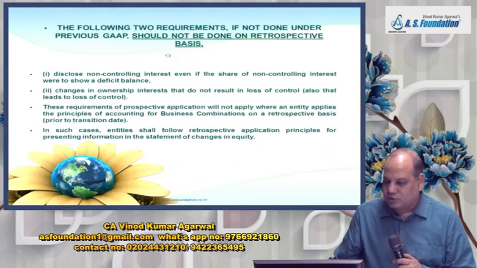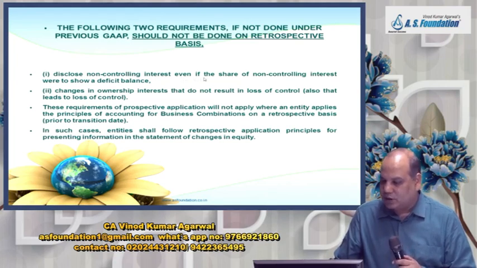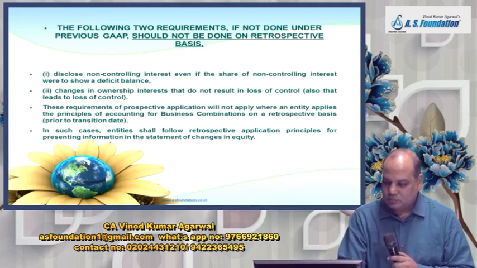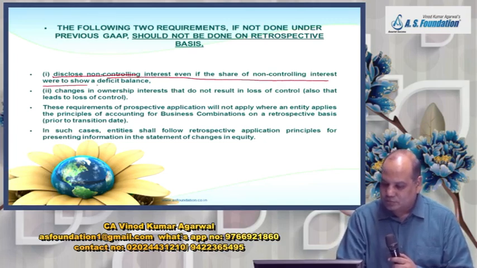So many provisions which we have learnt in IFRS 10 will now be given prospective effect because of time and cost constraint. The following two requirements, if not done under previous GAAP, should not be done on a retrospective basis. Disclose NCI even if the share of NCI were to show a deficit balance. Okay, so NCI can be shown as a negative figure also.